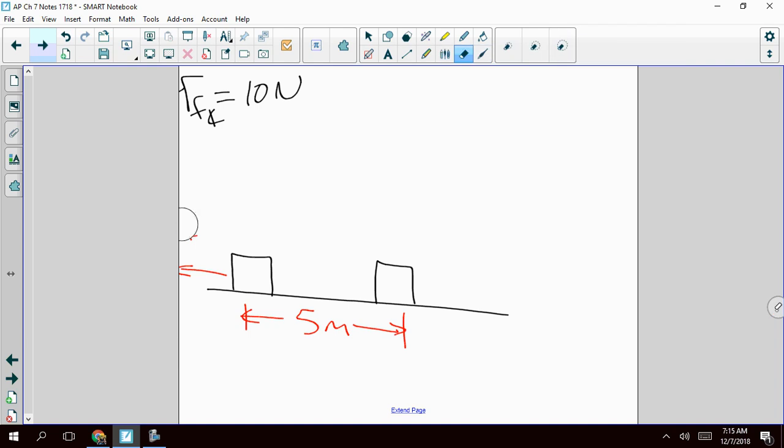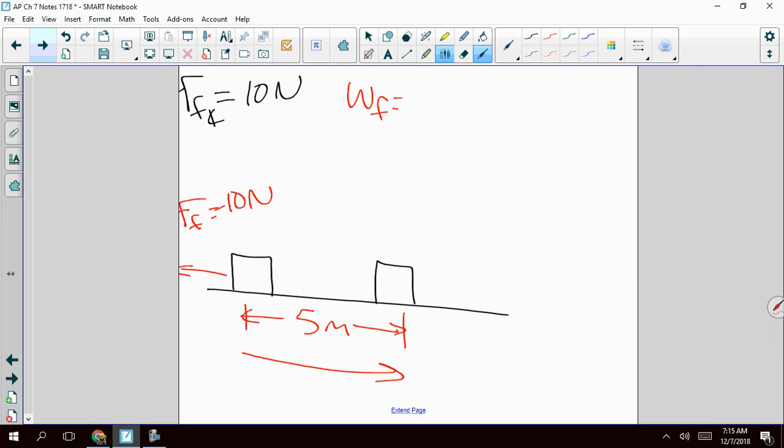My force of friction is negative 10 newtons. And so now the work done by friction is going to be, well, we're moving forwards 5 meters, our friction is backwards. They're anti-parallel, right? So I can just do negative 10 newtons times 5 meters and get negative 50 joules, right?